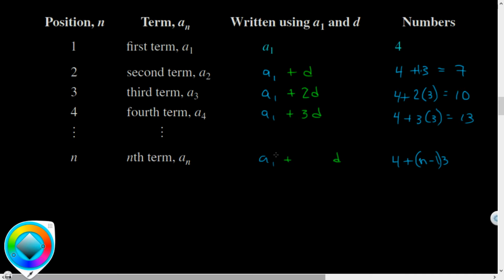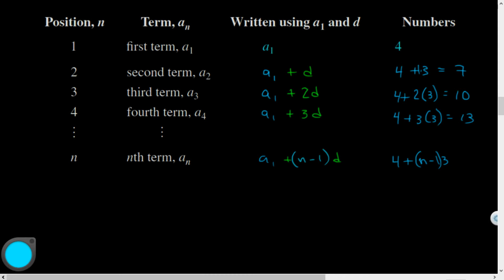I add 1 less than the term number multiplied by the common difference. And that's how I could generate a formula for the nth term in a list.